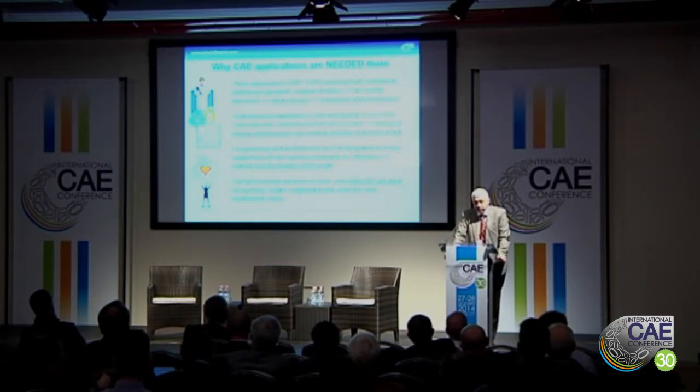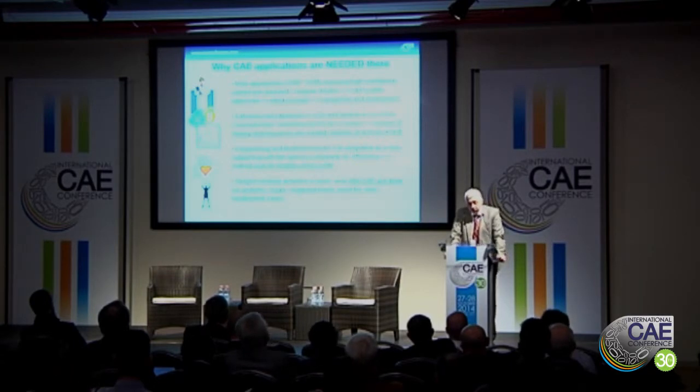Then, that costs money. Why? Because if you have an expensive in vitro or in vivo test, a single in vivo test can cost 10,000 euro, 50,000 euro for just one set of experiments.